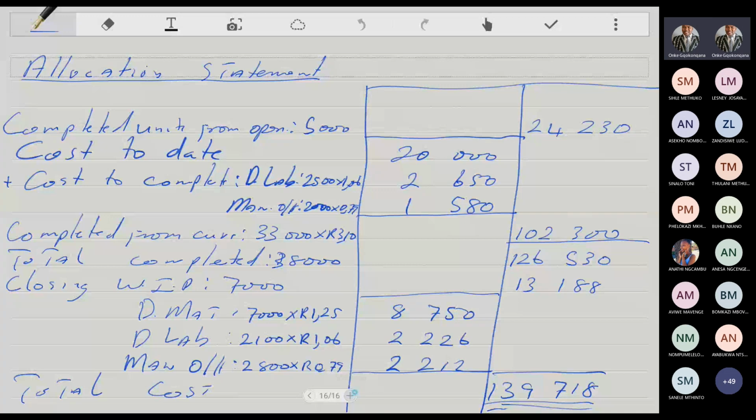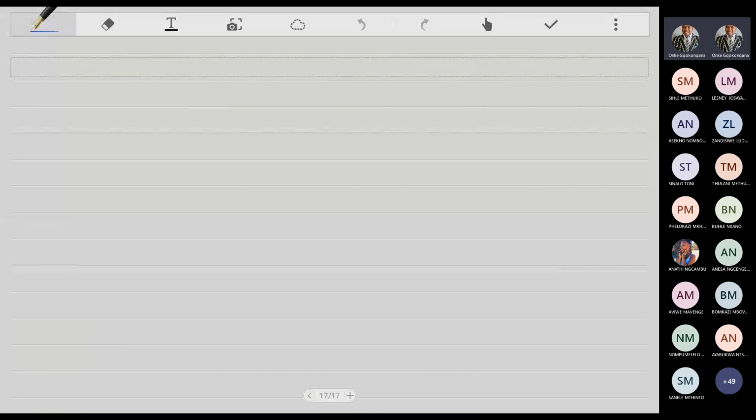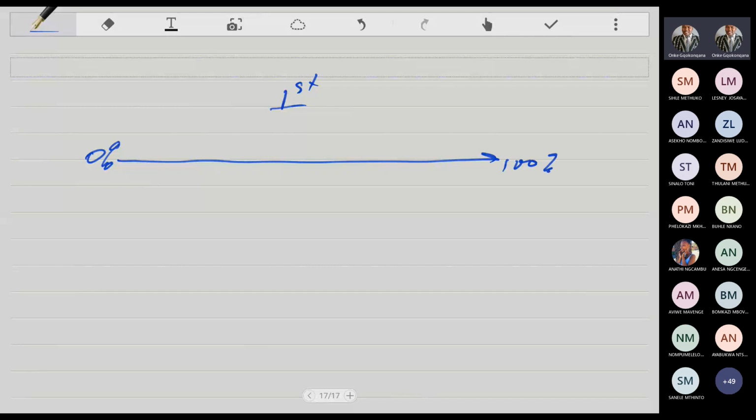When we look at our production, this is your first period of production. You start from 0% and your target is 100%. Let's say for argument's sake we receive a raw 10,000 units at the beginning of our production.